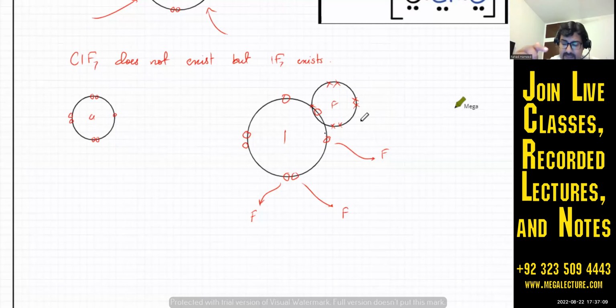So in this case, what is happening is you have easier octet expansion, less energy needed for octet expansion. Okay, bigger atoms are more shielded.